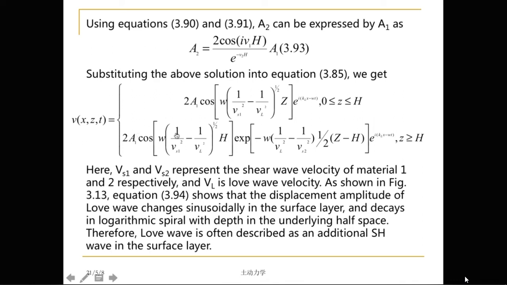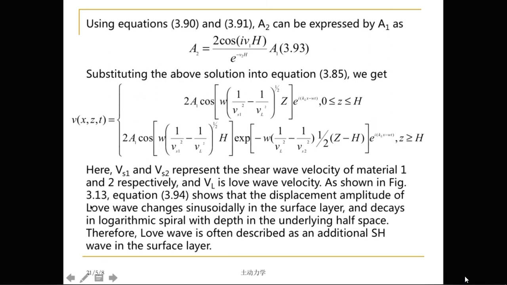There are two equations. One is for the soil in the depth from 0 to H. Another is for z larger than H. Here, Vs1 and Vs2 represent the shear wave velocity in material 1 and 2 respectively, and V_L is the Love wave velocity.